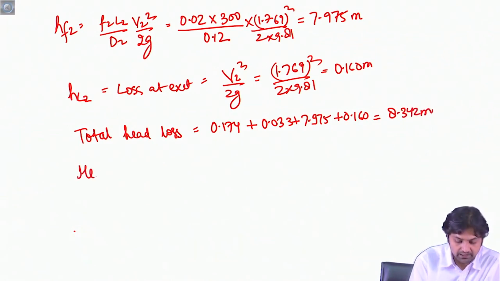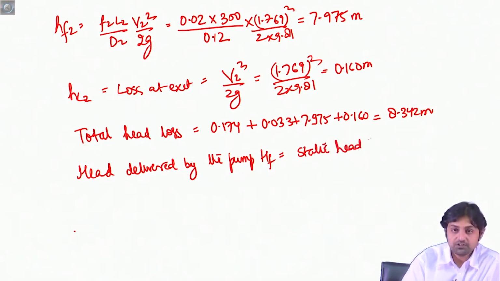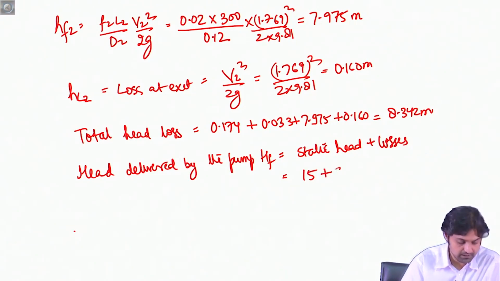Now the head delivered by the pump, HP, will be the static head. First it has to overcome this static head plus the losses. So it is going to be 15 plus 8.342, that is 23.342 meters.